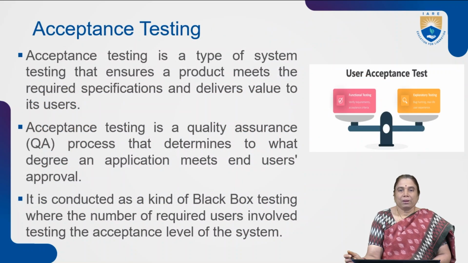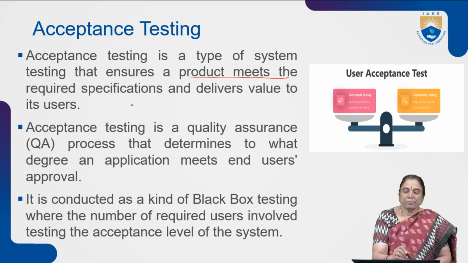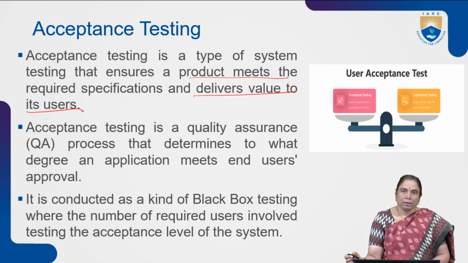After system level of testing, the next level of testing is acceptance testing. Acceptance testing is the type of system testing that ensures a product meets the required specification and delivers value to its user. The value to the user is achieved when all the requirements that are specified in the SRS are fulfilled.